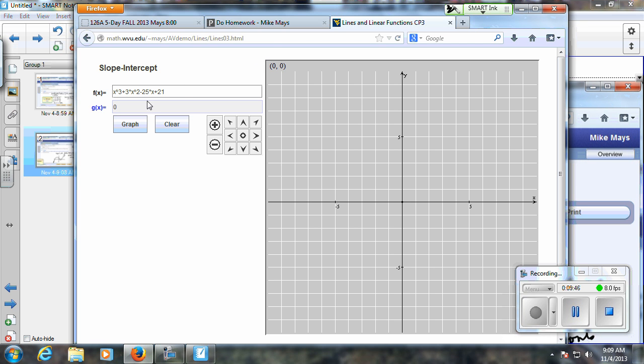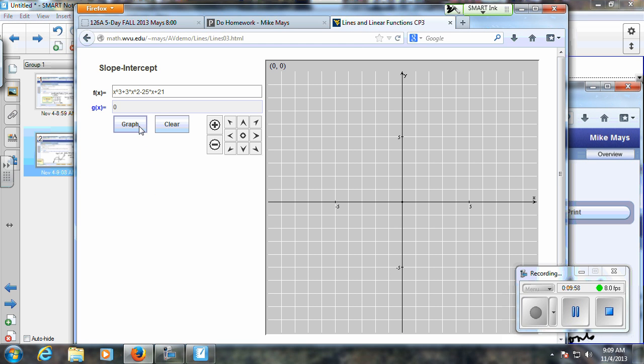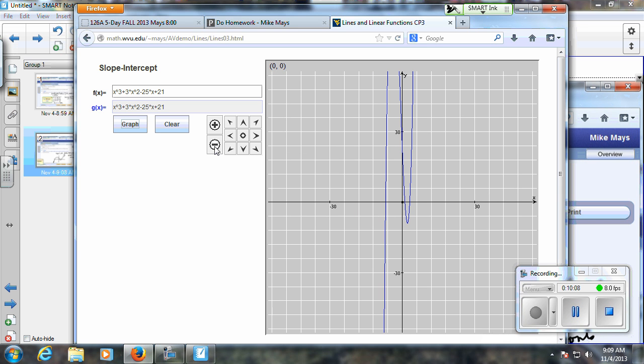Make sure I got that right, and graph it. Maybe I can zoom out a little bit. You see a little bit more of it. It goes way high, see?